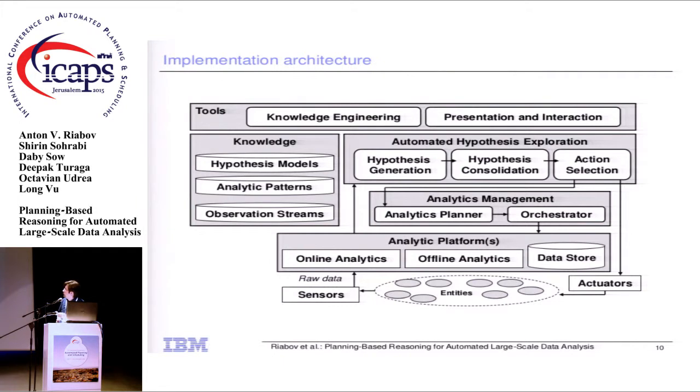And analytic platforms execute this code, this could be Hadoop or stream processing systems or other systems that you have that can process data received from the data sources that you have. This is supported by a knowledge infrastructure for keeping hypothesis models, knowledge about the analytics that are available, and observation streams, and tools for knowledge engineering and presenting the results, interacting with the end user.